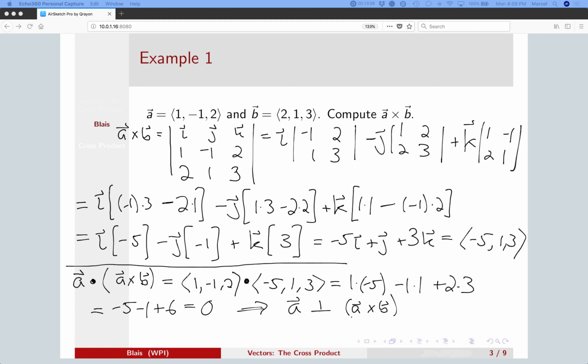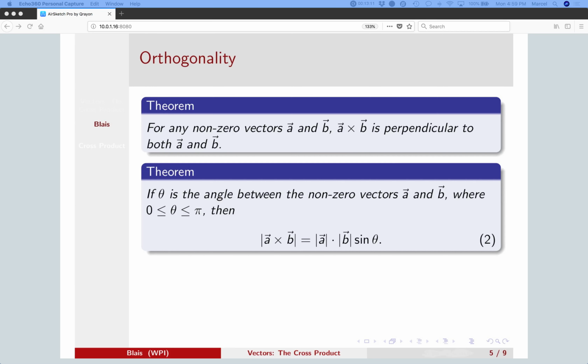And that is one of the key properties. Orthogonality, by the way, orthogonal is a synonym for perpendicular. So, for any two non-zero vectors, A and B, the cross product of A and B is perpendicular to both A and B. And this is probably the key property of cross products that we tend to use in calculus.